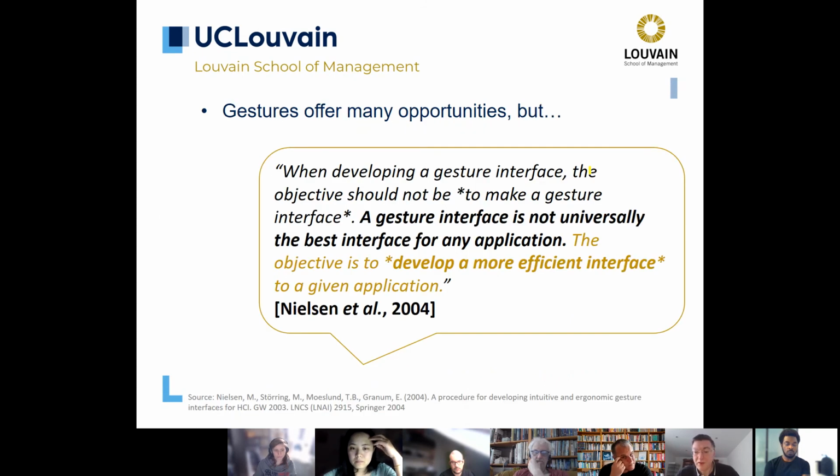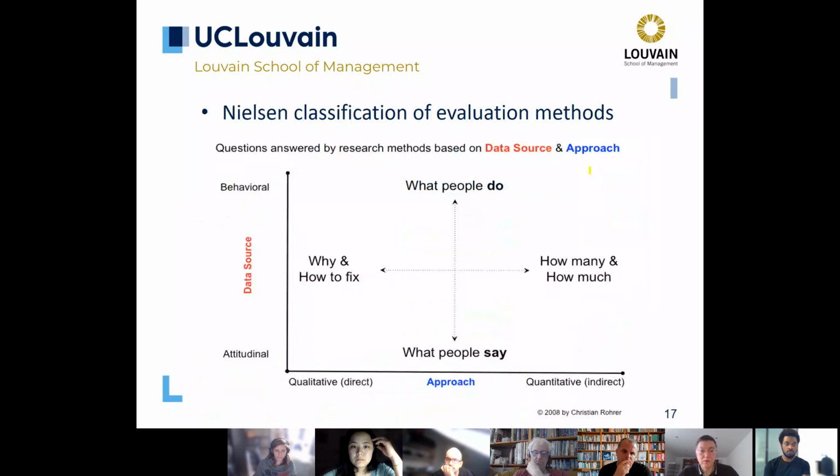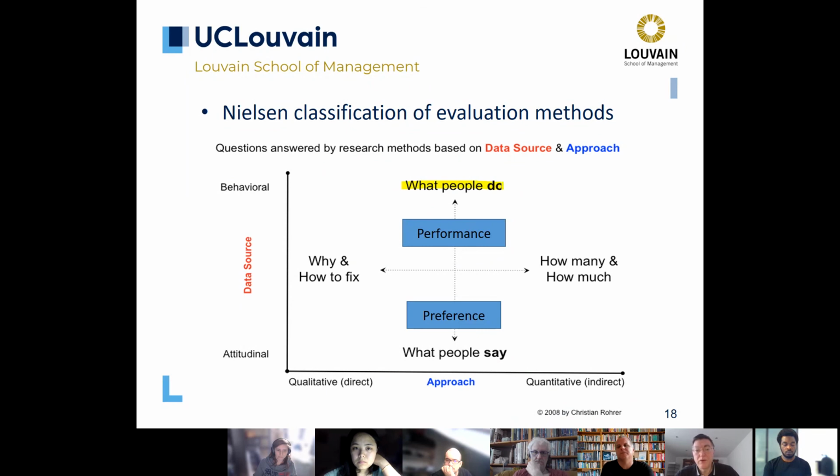So the key question, and I would like to finish on that, is that again, if we go back to this graph, between what people actually do when they are producing gestures and what they say they do, or they say they like it, but in principle they don't necessarily perform well with what they preferred, and they do not prefer with performance.